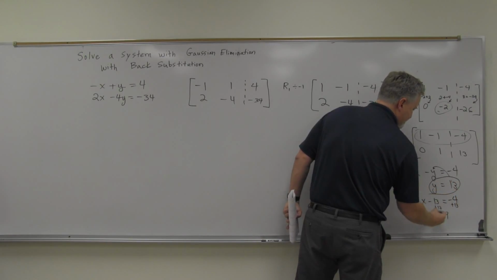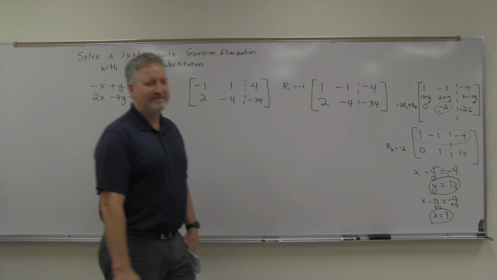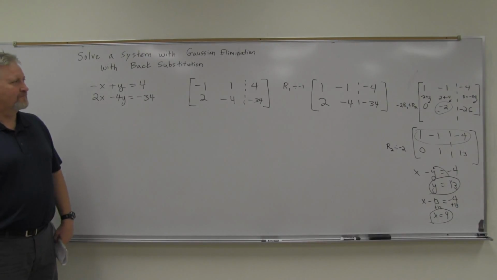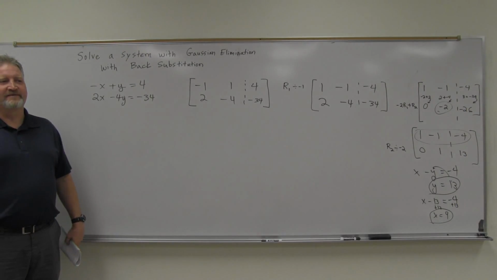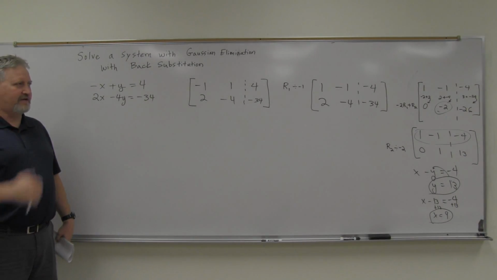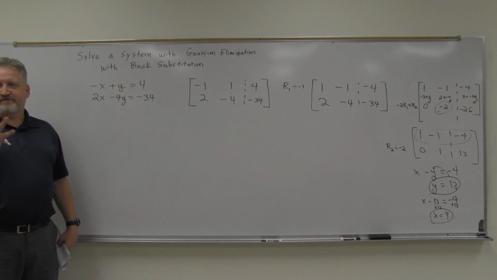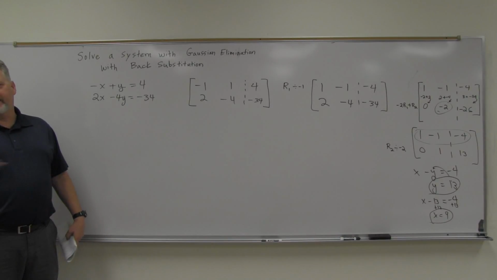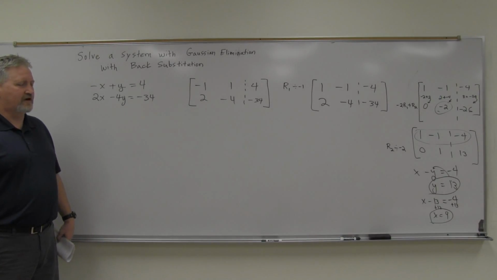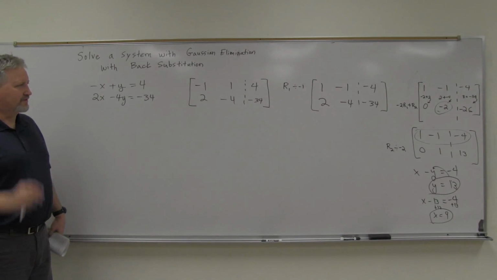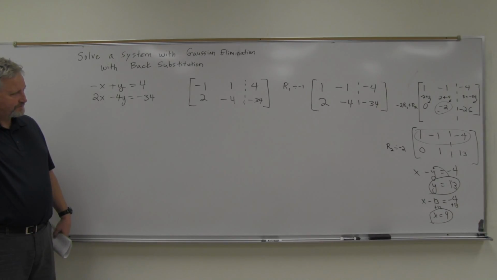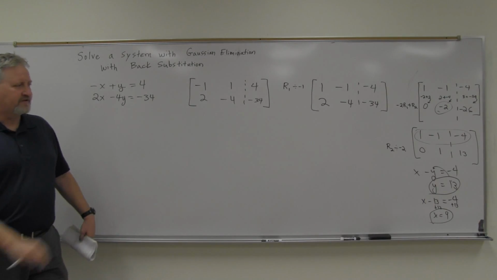It's probably a little longer than if we just did it by elimination, but it's a good example to show you how this is going to work. Because with a system of 3 equations, 3 unknowns, it gets more complicated. So that's why we're going to do those with this. All right, any questions?